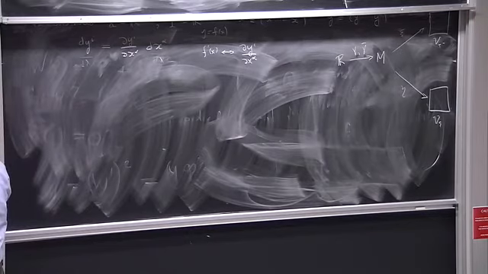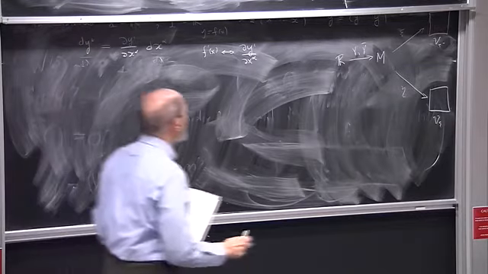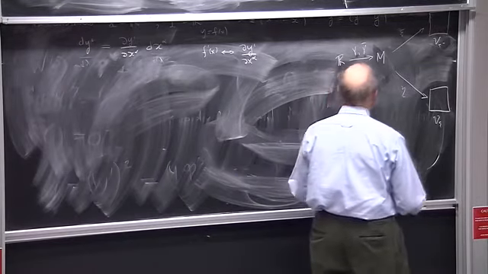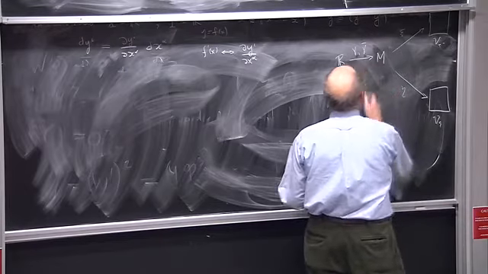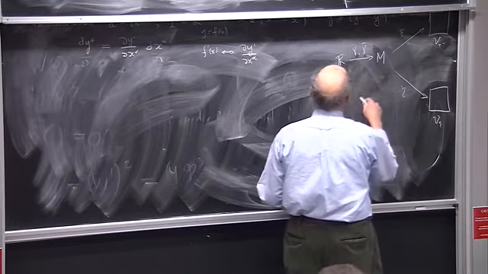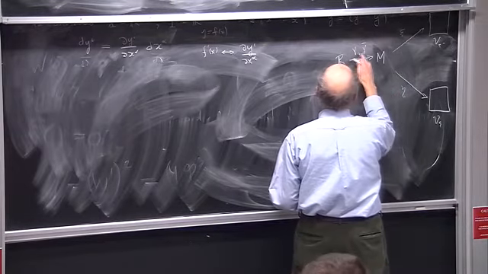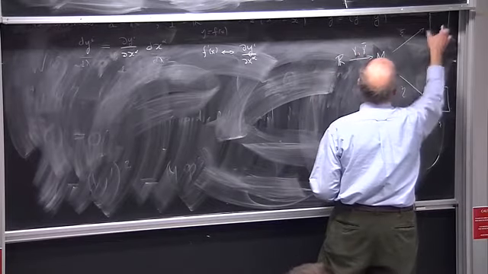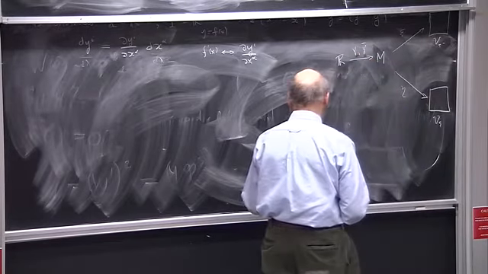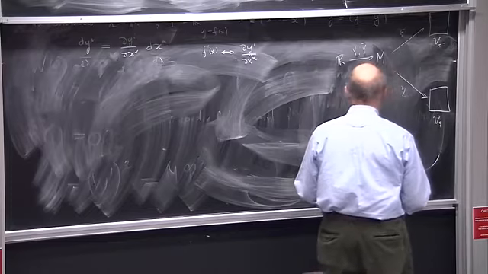I can redraw the picture. So we wanted to define a second chart and check that if gamma and gamma bar are tangent in the first chart, then they're tangent in the second chart, and vice versa.